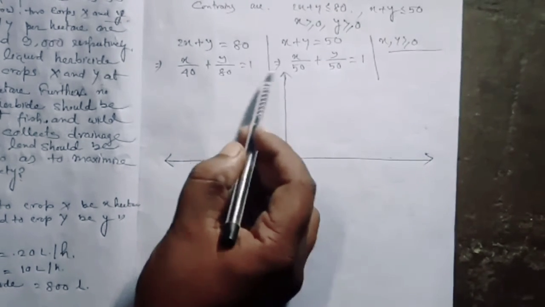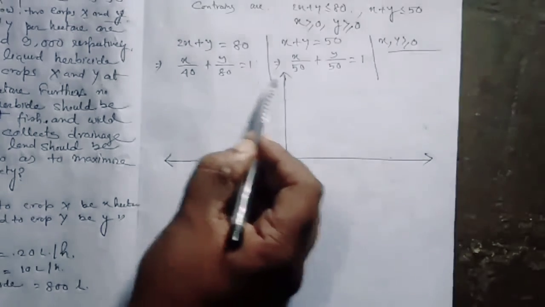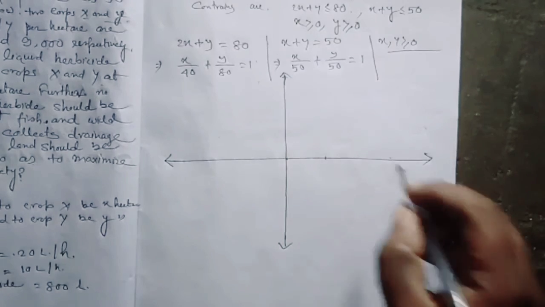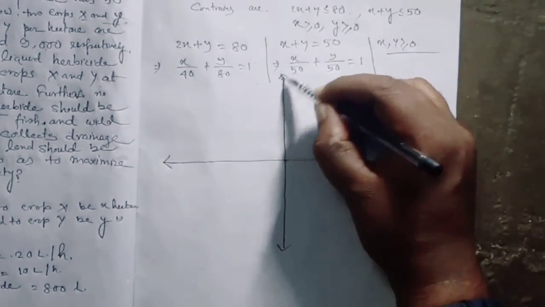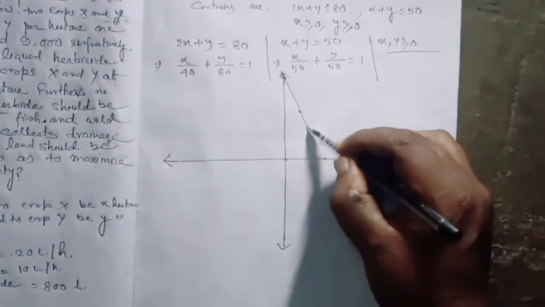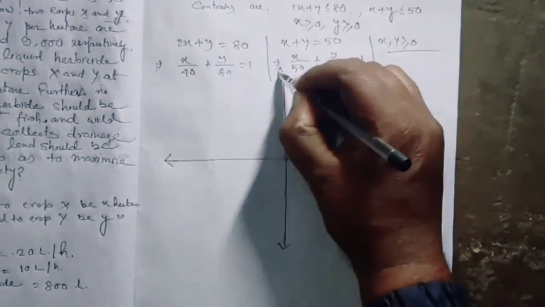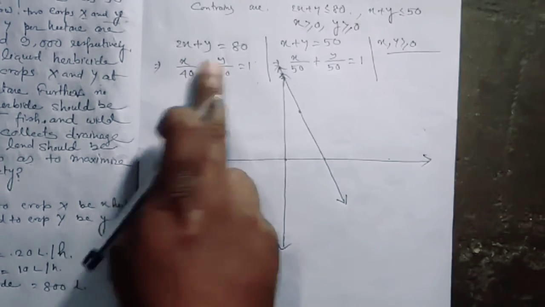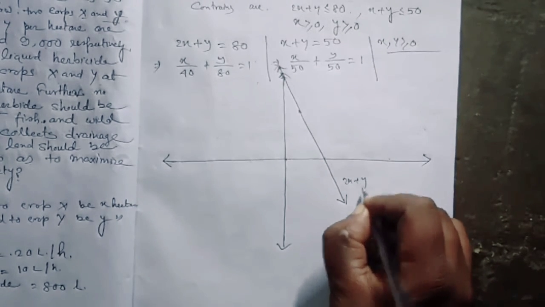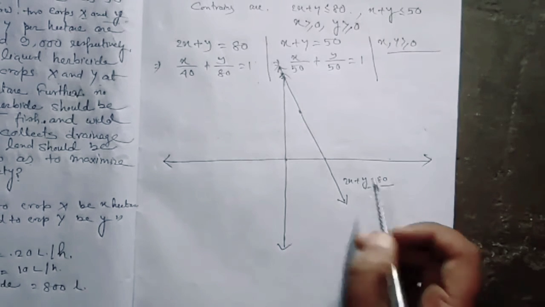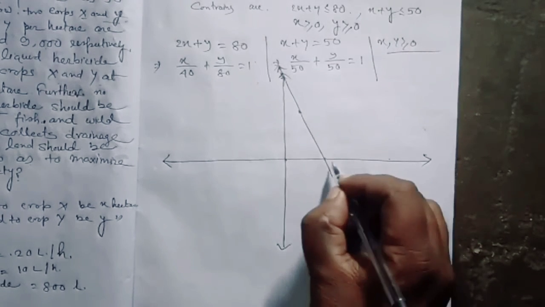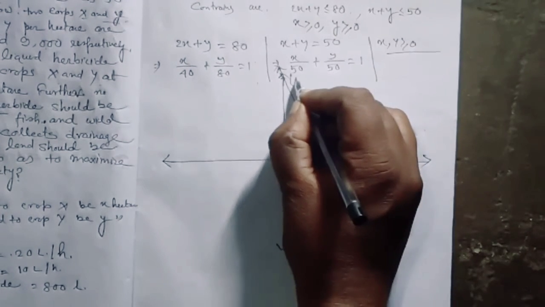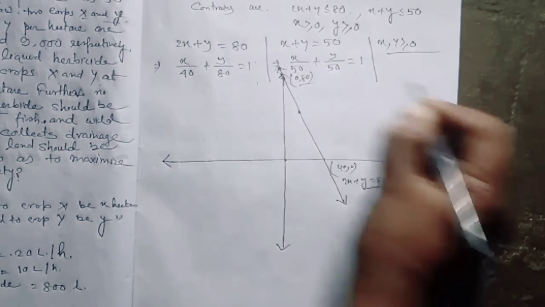So the first line is 2x plus y equals 80. So this is 40 comma 0, this is 0 comma 80.